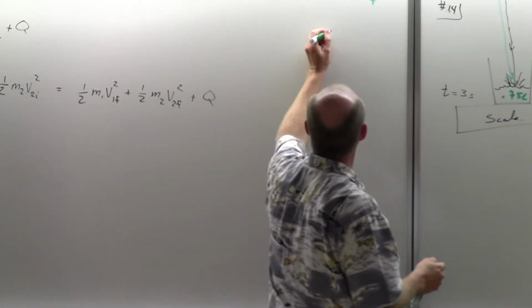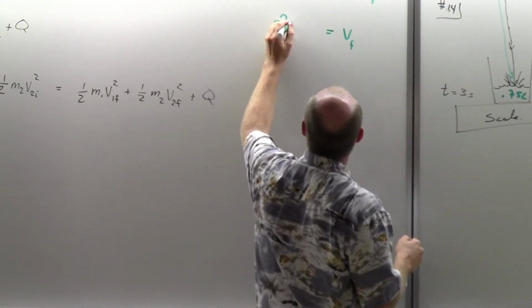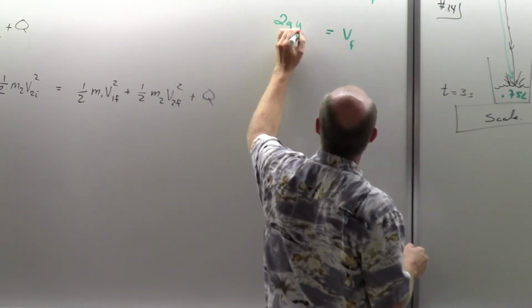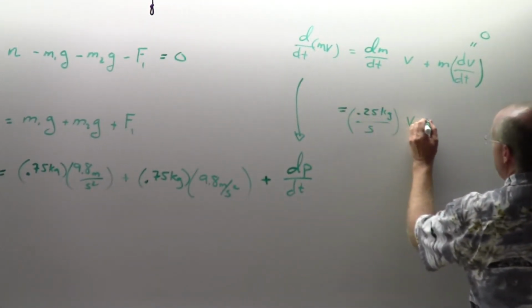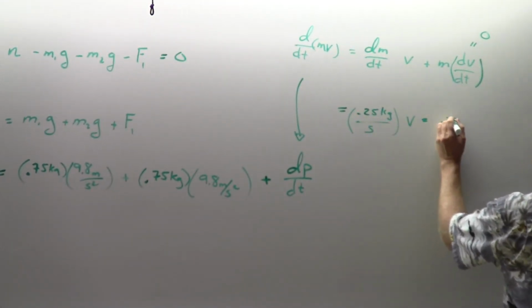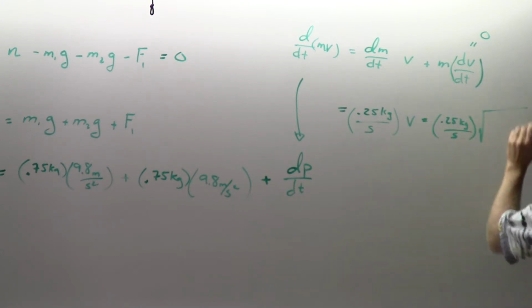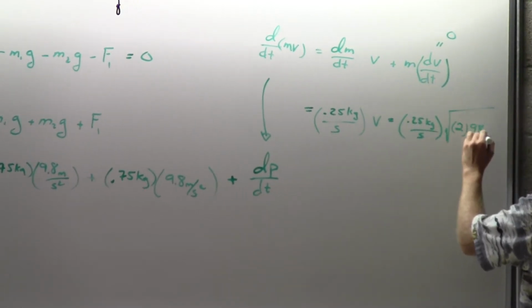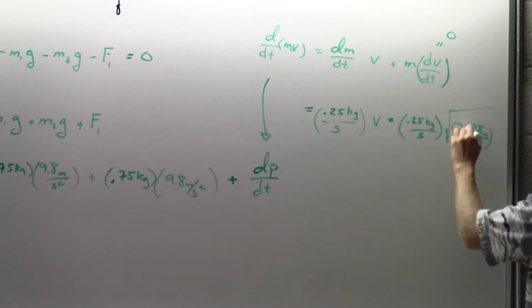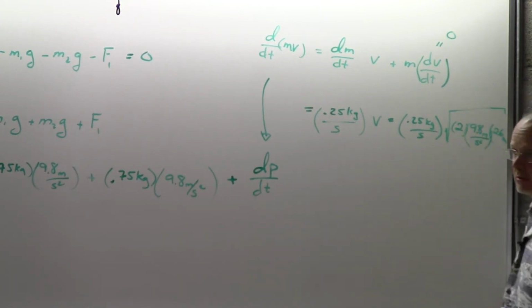And so this is really saying that the speed would be the square root of 2 times g times the height. And so this would be 0.25 kilograms per second times the square root of 2 times 9.8 meters per second squared times 2.6 meters.